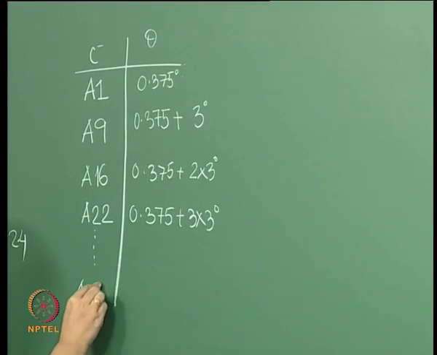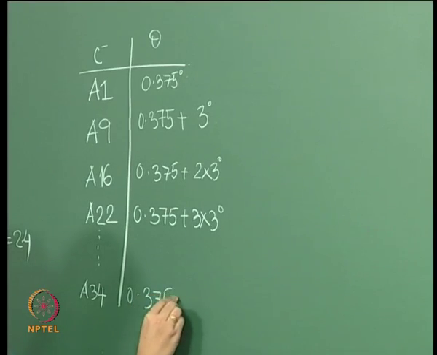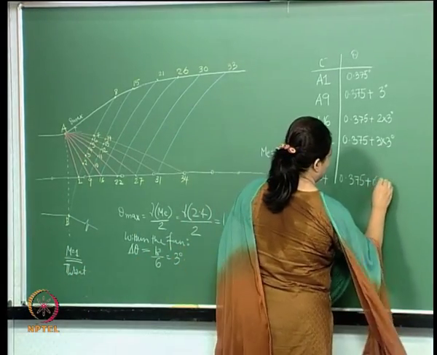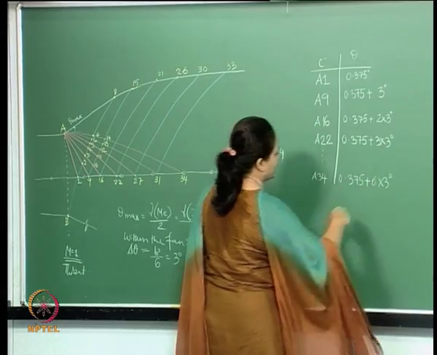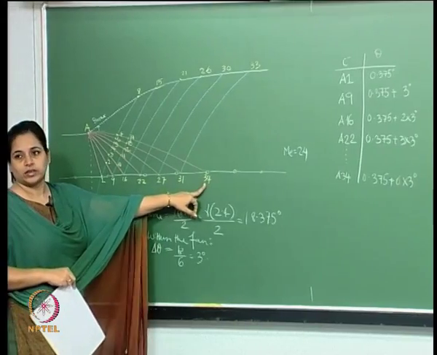Therefore, this is 3, 4, 5, 6, and you can see this gives 18.375.